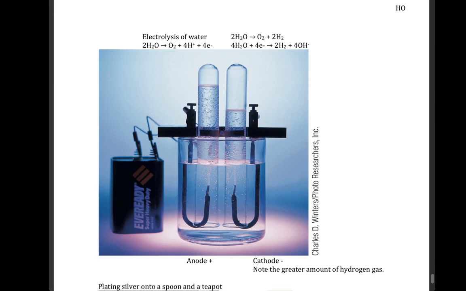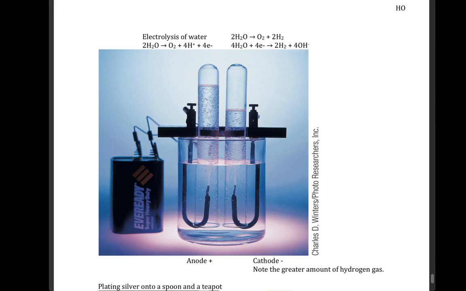At the cathode, we have reduction occurring. That would be 4 H2O plus 4 electrons yielding 2 H2 plus 4 OH minus. And the overall reaction is 2 H2O yielding O2 plus 2 H2.